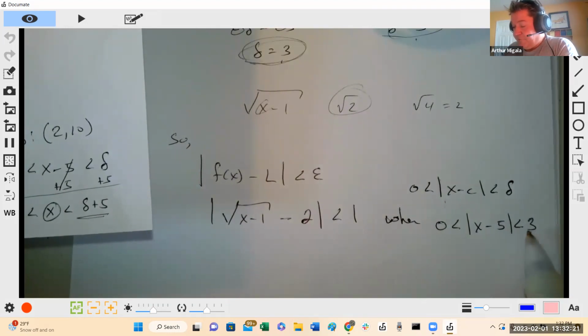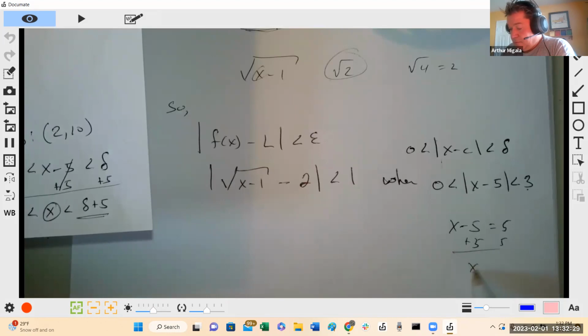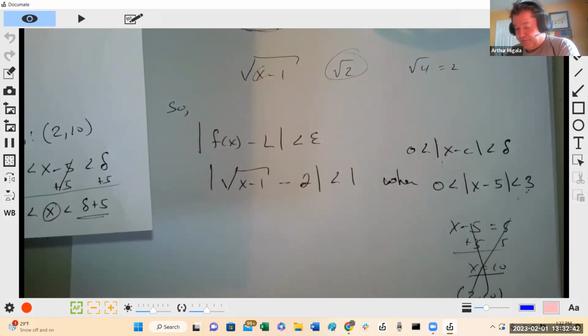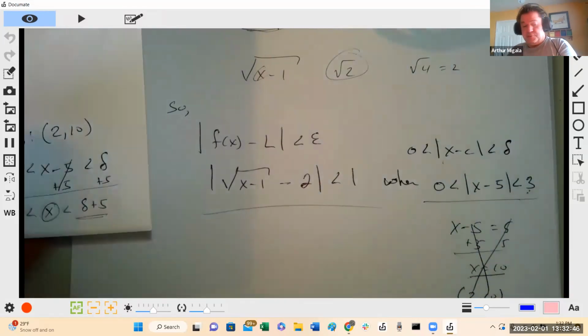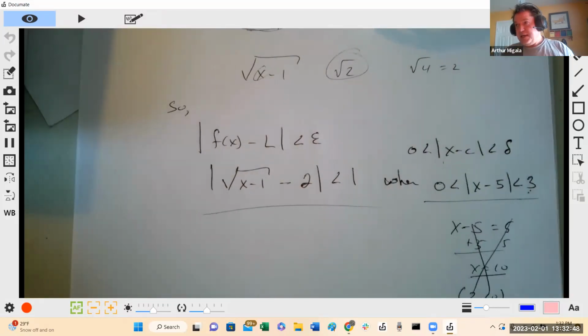Because if it was 5, x minus 5 equals 5, and that's not within our bounds of 2 to 10. So that's why we have to use 3. We want it closest we can to the c value. So this is our answer. This proves to us that the limit exists and it's viable.